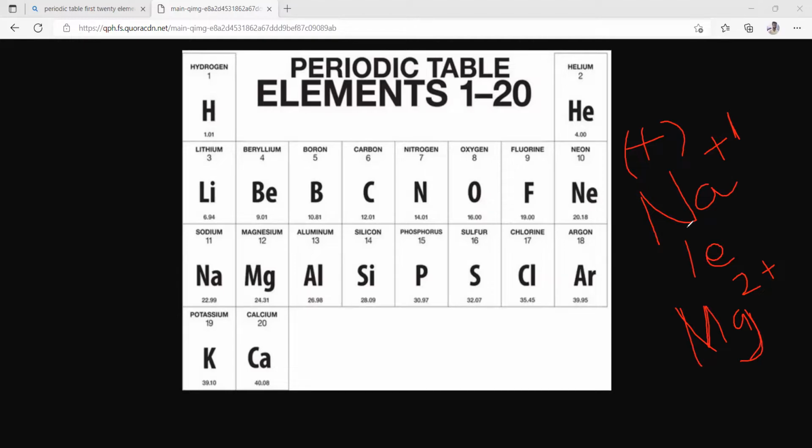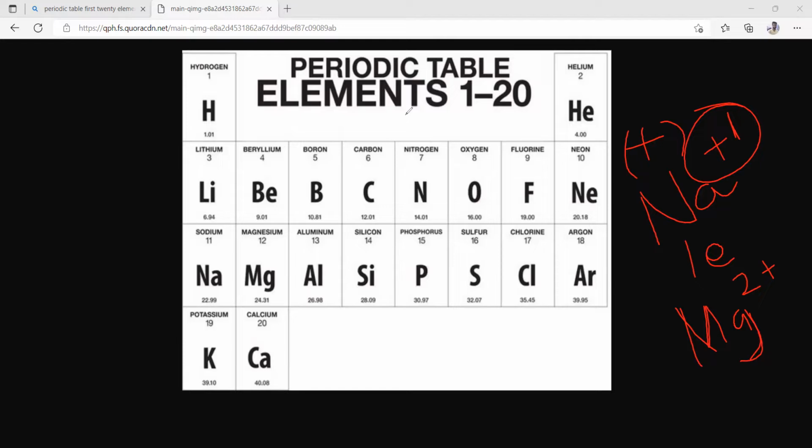Now you tell me, how many electrons did magnesium lose? If we put a plus for an ion, it means the element lost electrons.